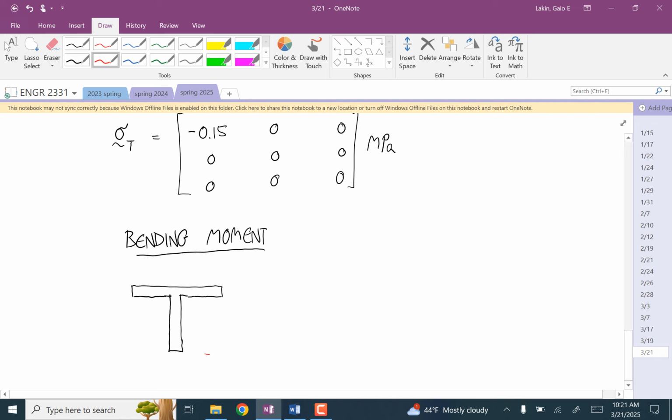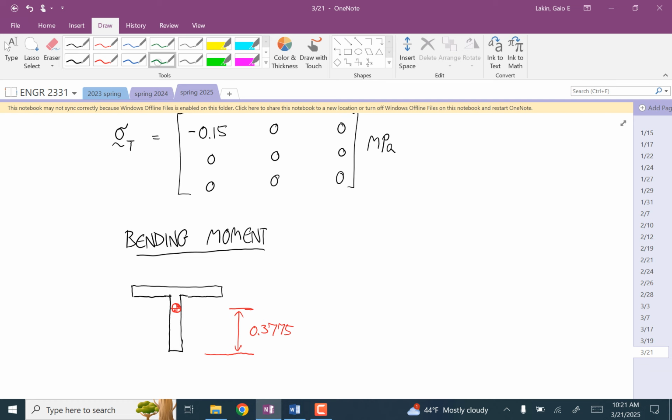Let's see. Here's what we know because I used down here as where my origin was. So this distance is 0.3775.